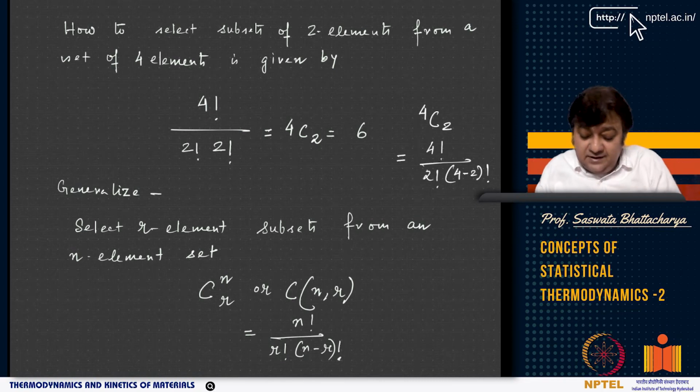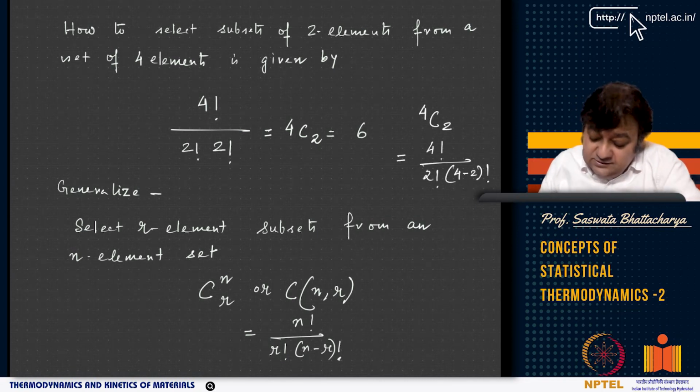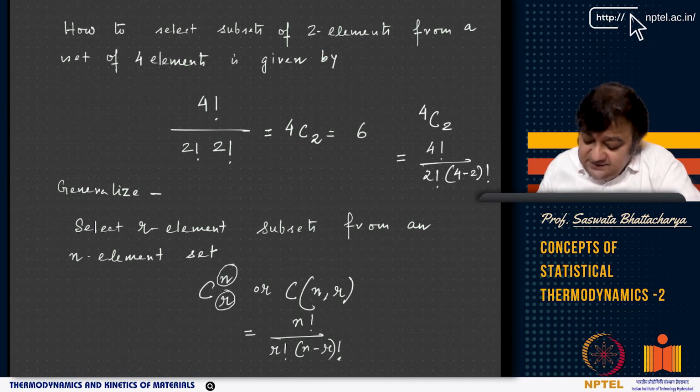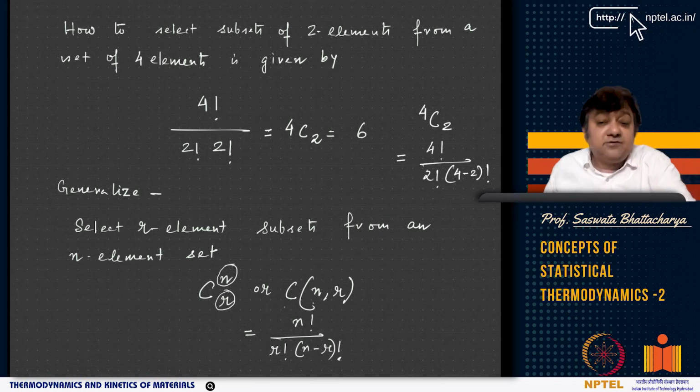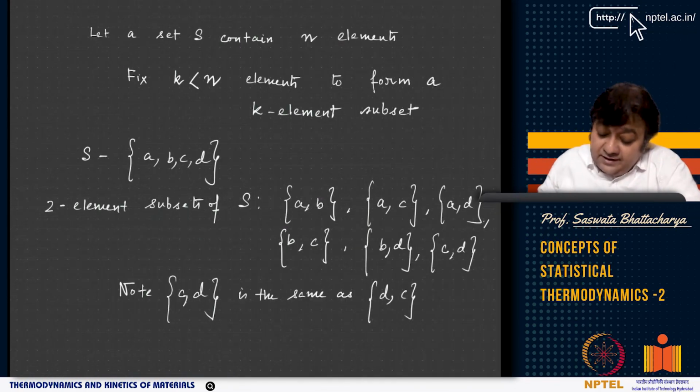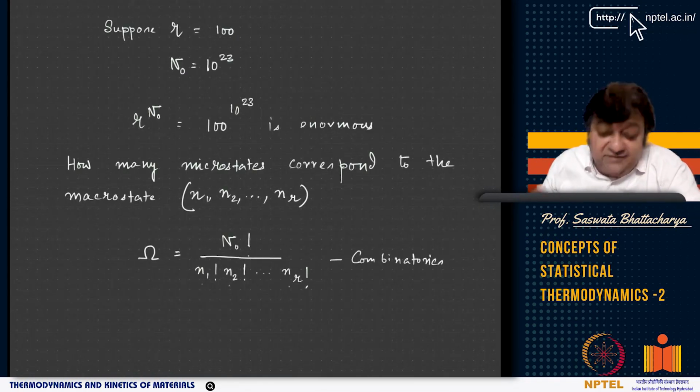Basically, to select R elements from an n element set is given by C(n, R), or nCR, which is n factorial by R factorial times (n minus R) factorial.